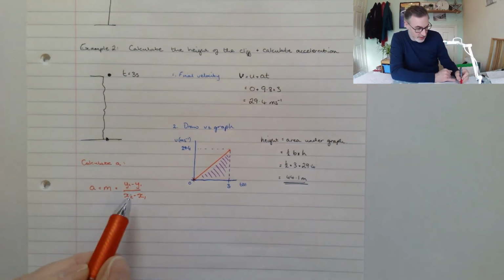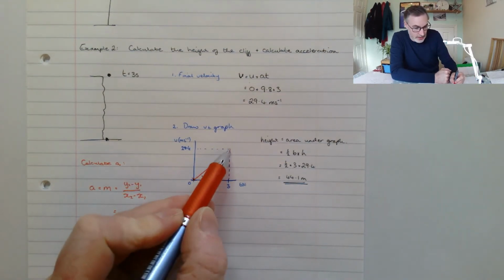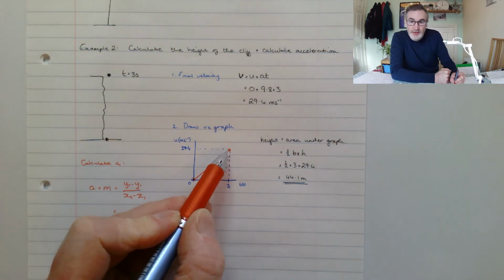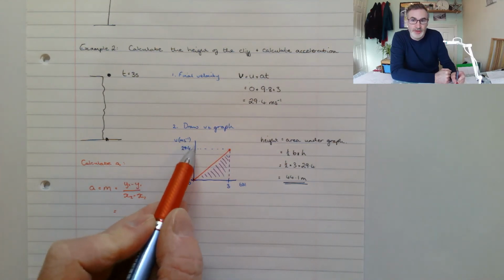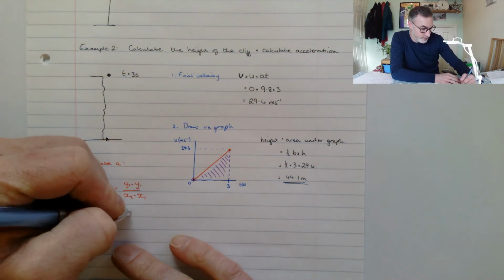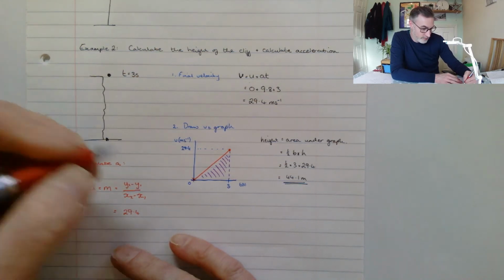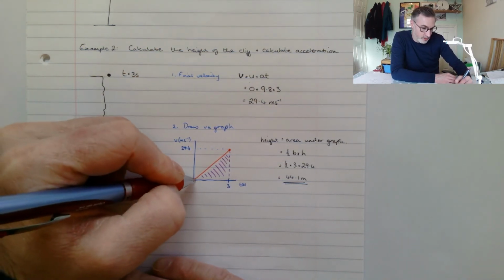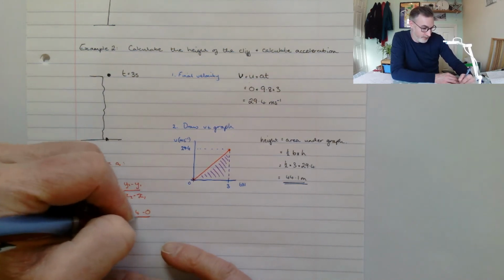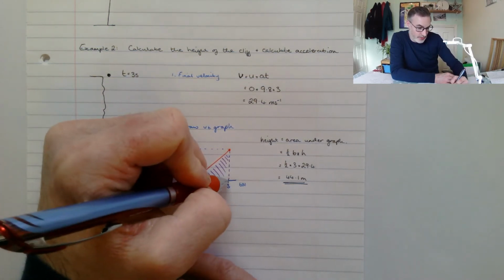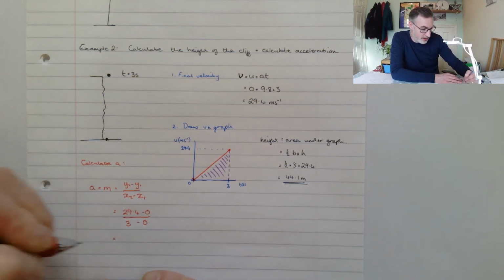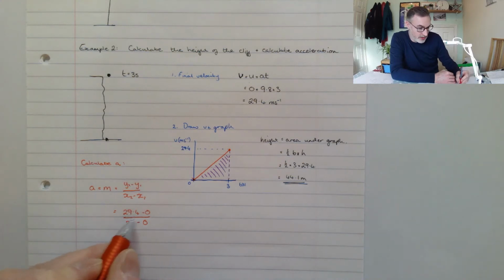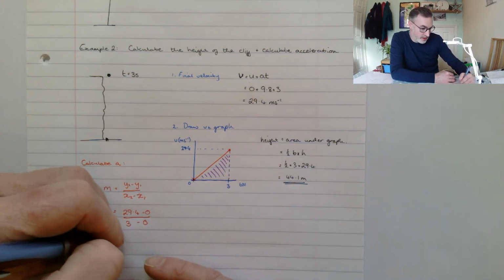Sub in the numbers here, so our y2, well, if this is x2, y2, then the y coordinate is going to be 29.4 minus, and our y1 is going to be 0 over our x2 is going to be 3 minus 0, and that's going to give us, when we work it out, 29.4 divided by 3 is going to give me 9.8.